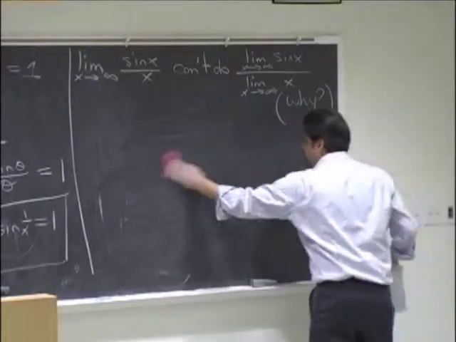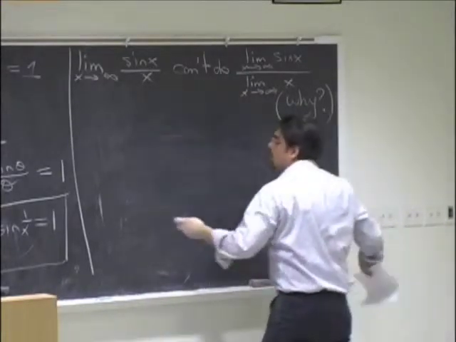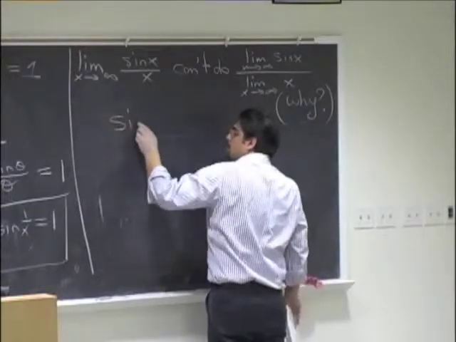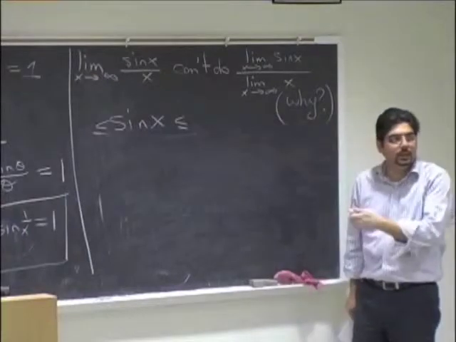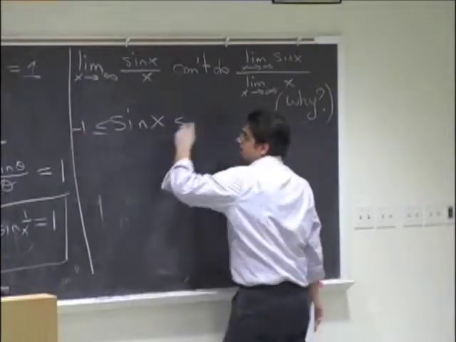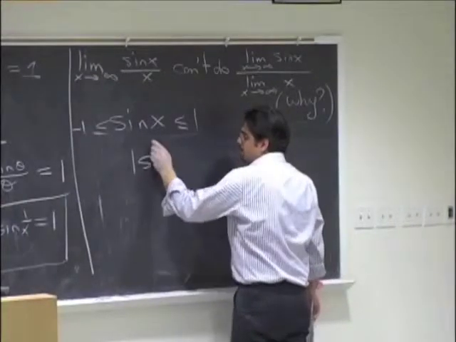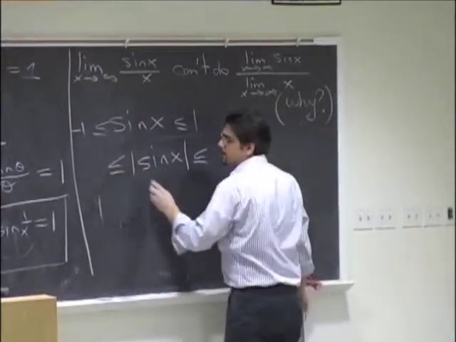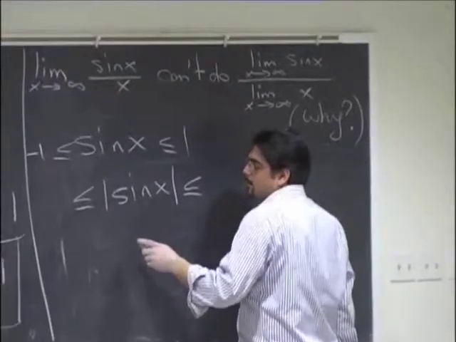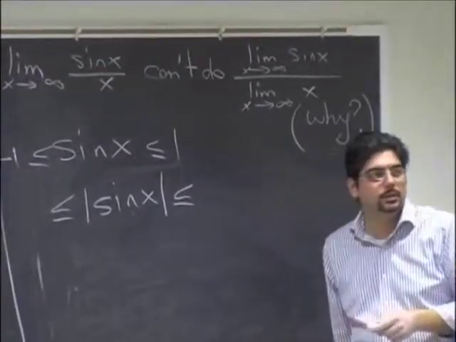Okay, but there's something else we can do. Sine x is always between two values. I just said, what were they? Negative 1 and 1. Okay. So if I take the absolute value of sine x, it's between what two values? Negative 1 and 1?